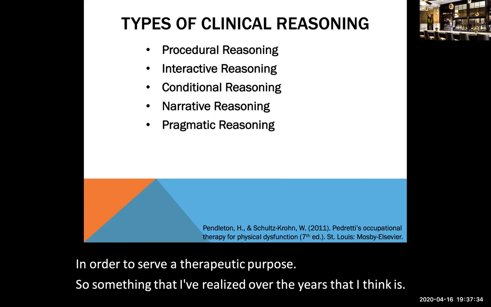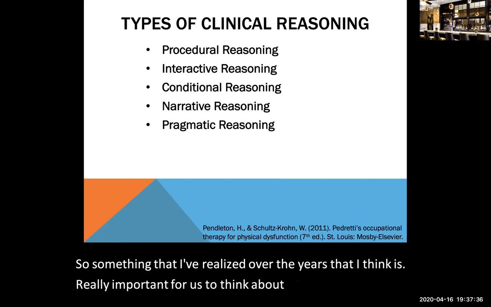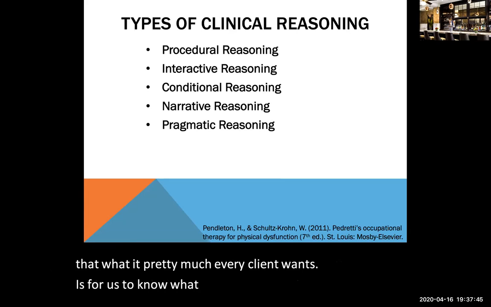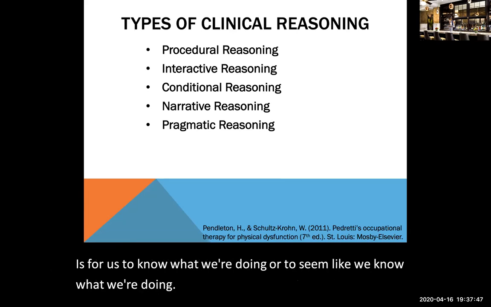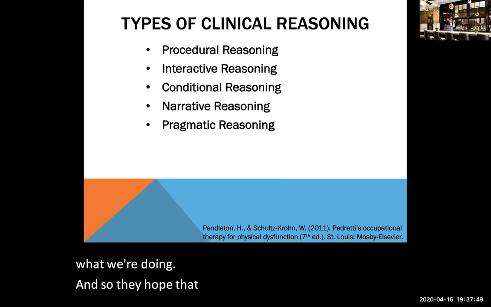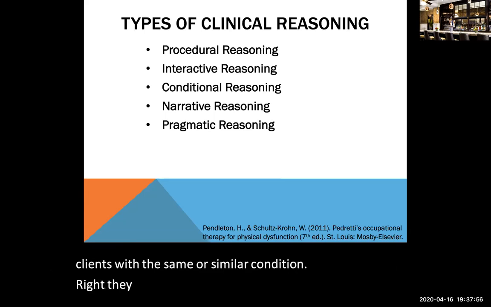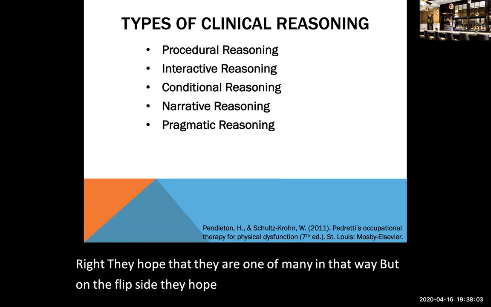really important for us to think about as OT practitioners is that what pretty much every client wants is for us to know what we're doing or to seem like we know what we're doing. And so they hope that we've treated lots and lots of other clients with the same or similar condition, right? They hope that they're one of many in that way. But on the flip side, they hope that they're unique and important as individuals to us.